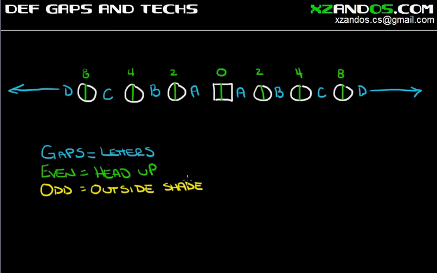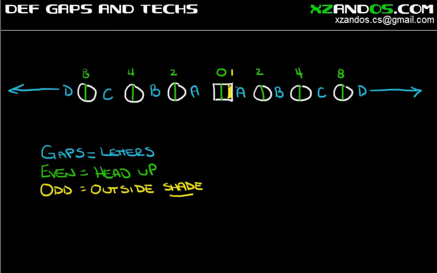And so if we are shaded on a man and we are moving away and we are on the outermost portion of that man away from the ball, we are considered to be on an outside shade.